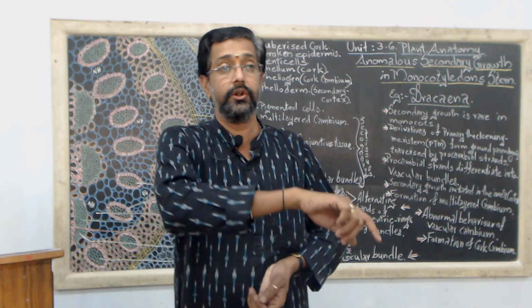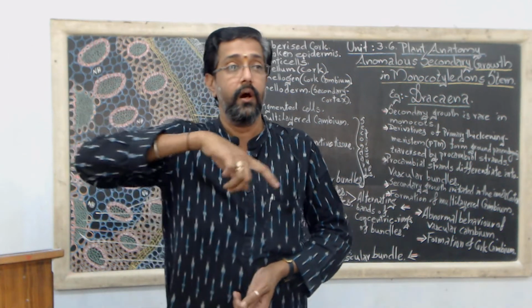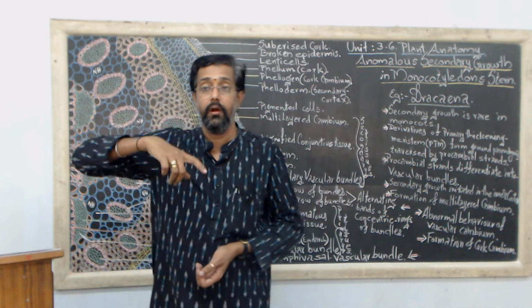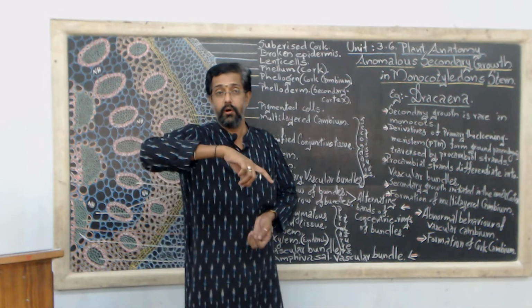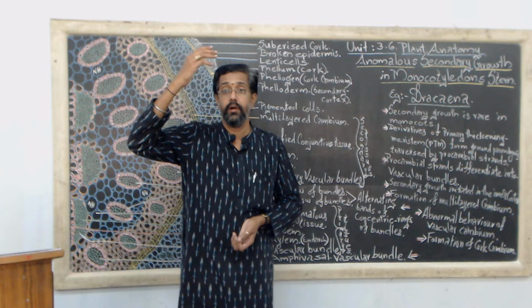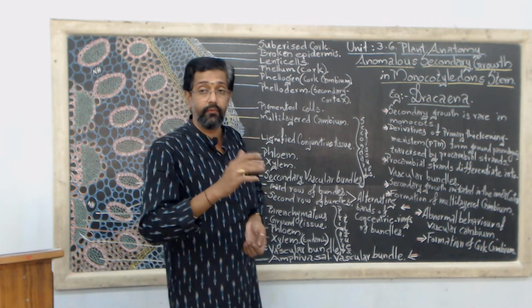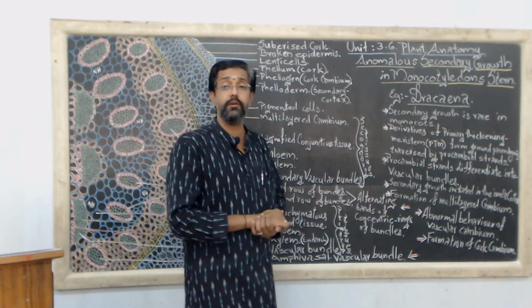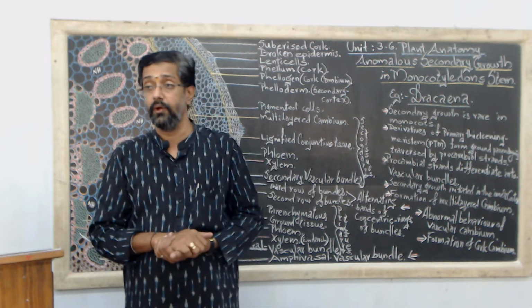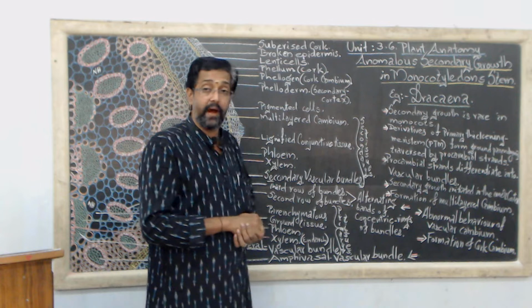That is, it is clearly formed as a concentric level in the outer cortex, or outer to the early formed vascular bundles. And such alternating bands of concentric rings of bundles are formed. Why these alternating bands?